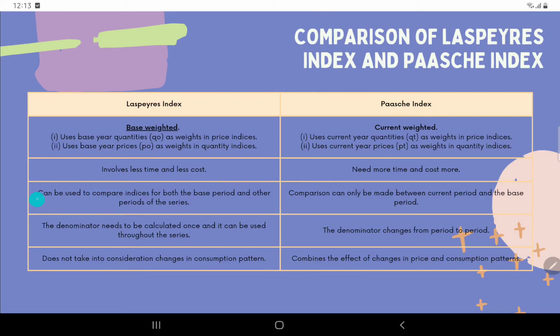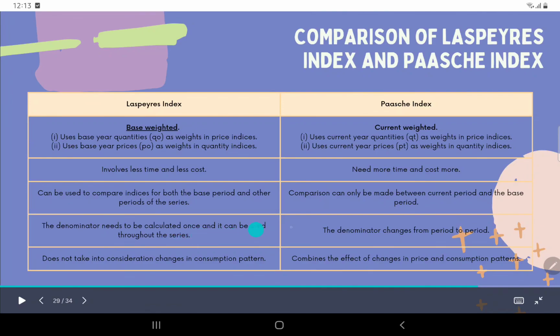Next, Laspeyres index can be used to compare index for both the base period and other periods of the series. But in Paasche index, comparison can only be made between the current period and the base period only. In Laspeyres index, the denominator needs to be calculated once and it can be used throughout the series.